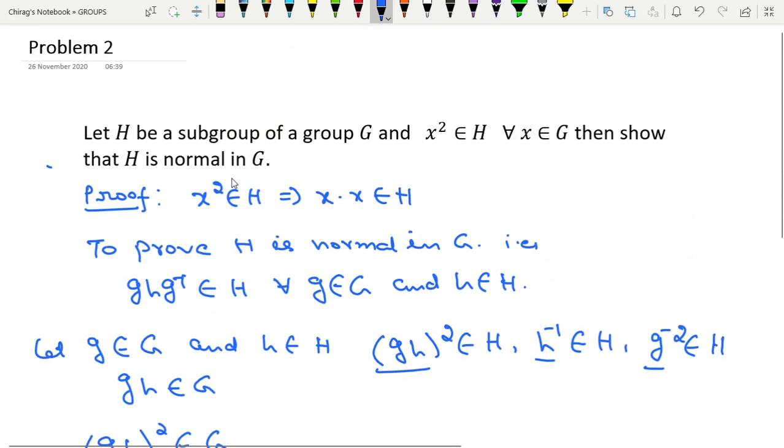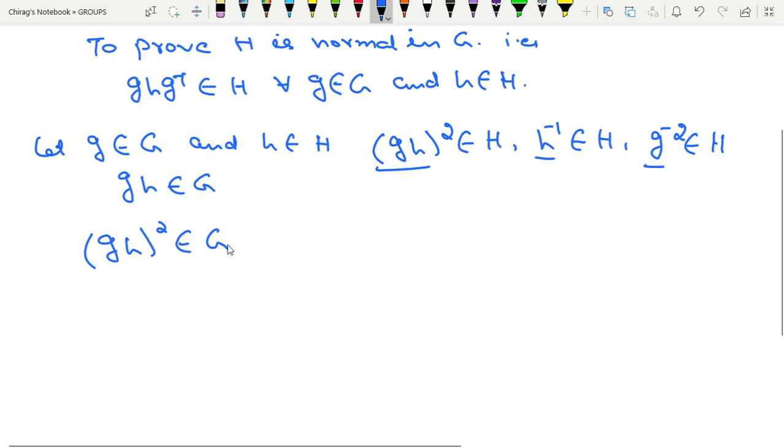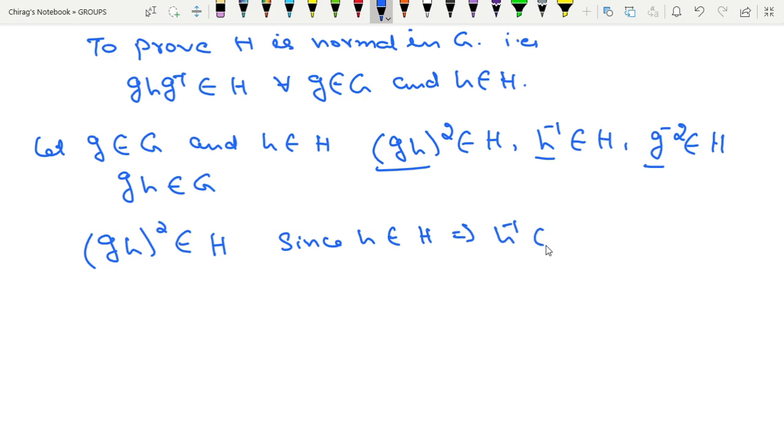Because it is given that for all x belonging to G, x² belongs to H. This (gh)² belongs to H. Now since h belongs to capital H, it implies h⁻¹ definitely belongs to capital H because H itself is a group.